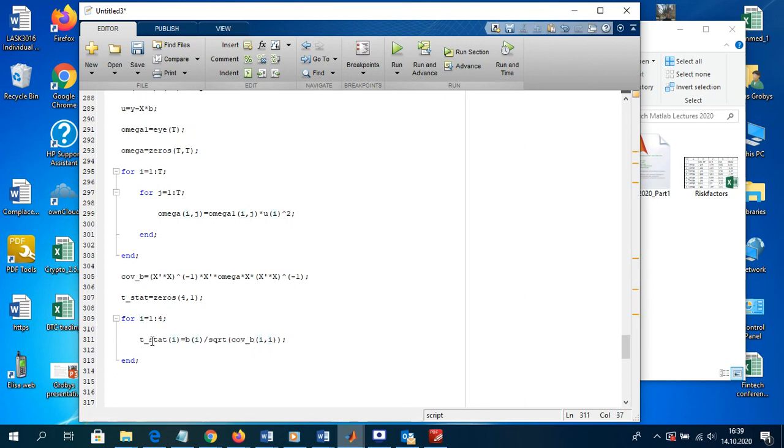Then, if i is 2, we store in the second element of t_stat the second element of our parameter vector divided by the square root of the corresponding second element on the main diagonal. Very simple. Then we end the for loop, and now we can just copy it into the command window.